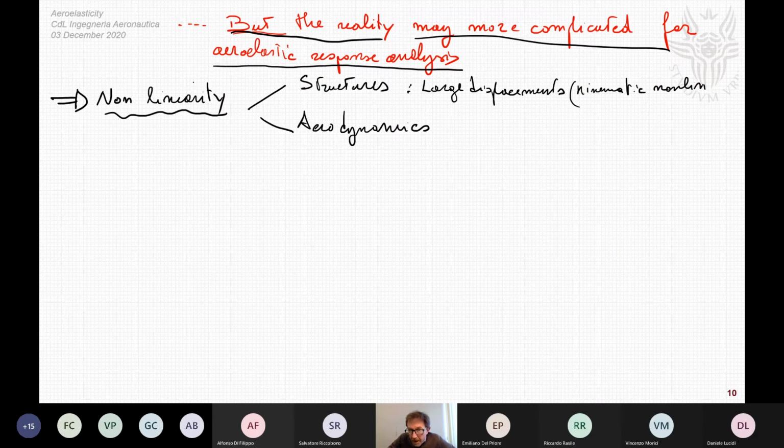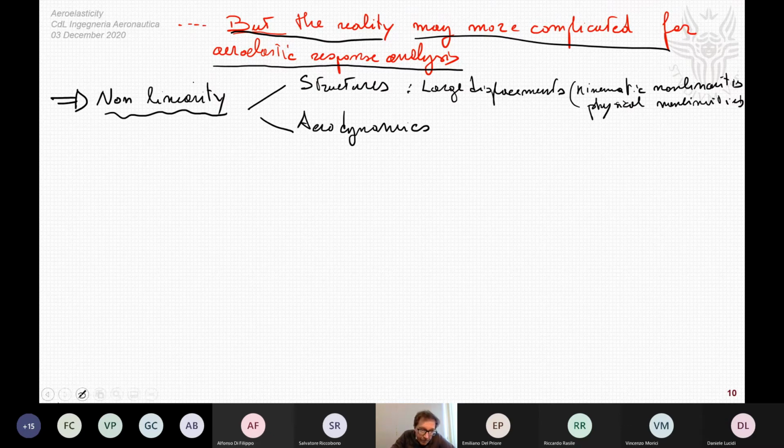But also nonlinearity given by the constitutive relationships, the so-called physical nonlinearity. And this is the structure case.